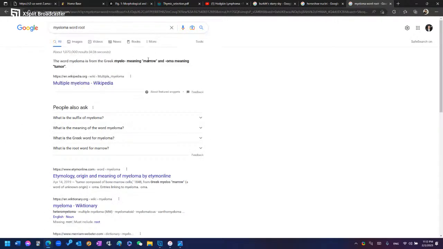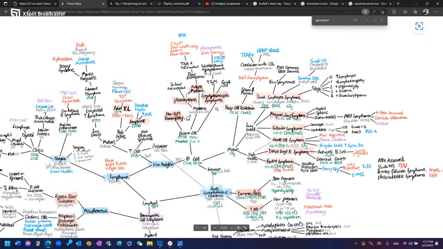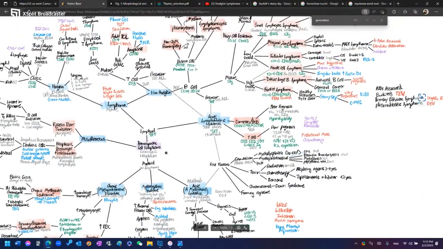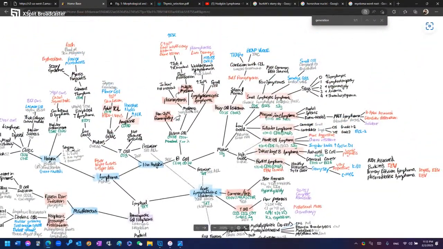So from marrow. Okay, so because a lot of your plasma cells are in the marrow, I guess, so it's called a myeloma. Sure, why not? As opposed to myeloid. I guess it's in your marrow. The biggest famous one is multiple myeloma, which causes a lot of proliferation of these cells in your marrow, and you also have a lot of these monoclonal antibodies being made.